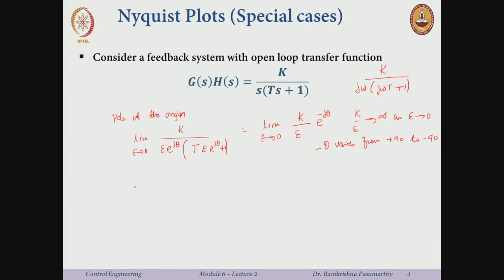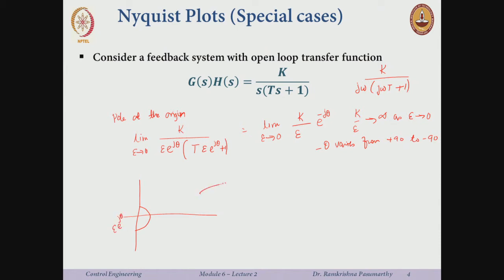So, I first want to see how this little region here maps. Let us draw it a little better. This region, I still can't get the line straight. This little region is epsilon e power j theta.